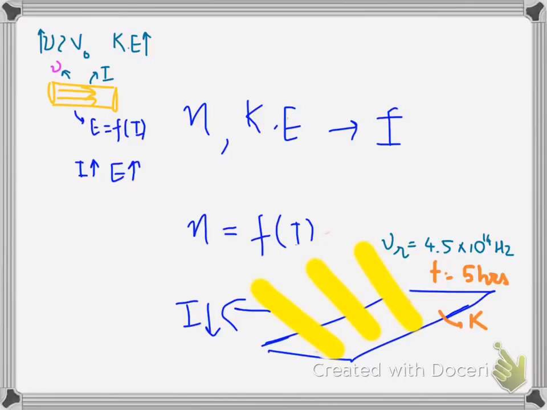It was later found out that the threshold frequency for potassium was equal to 5 into 10 raised to the power 14 hertz. So if the frequency is less than this value, as was the case for red light, then no photoelectric effect was observed.